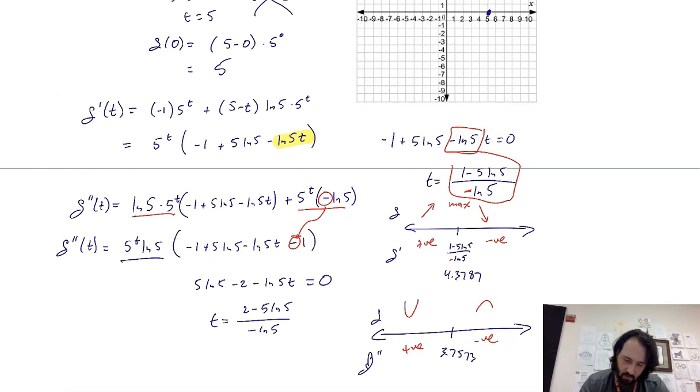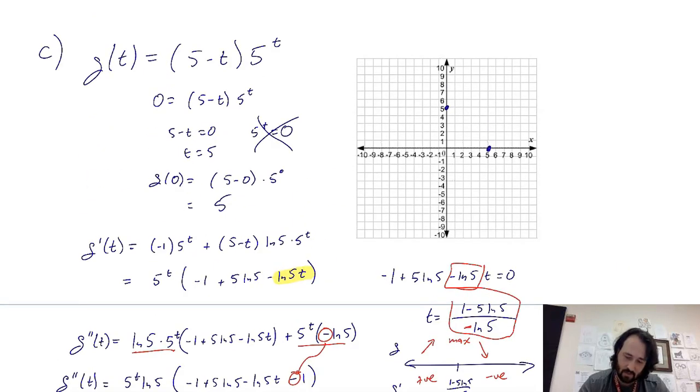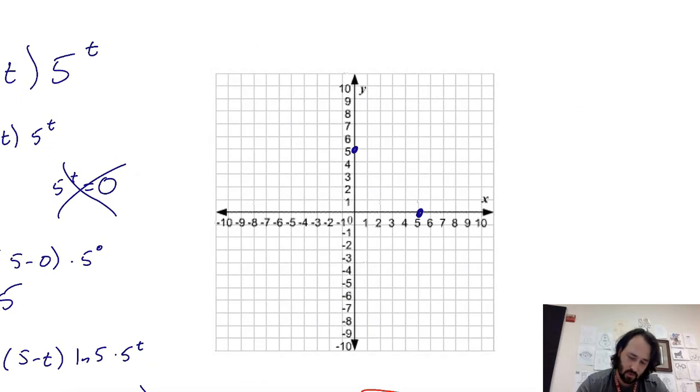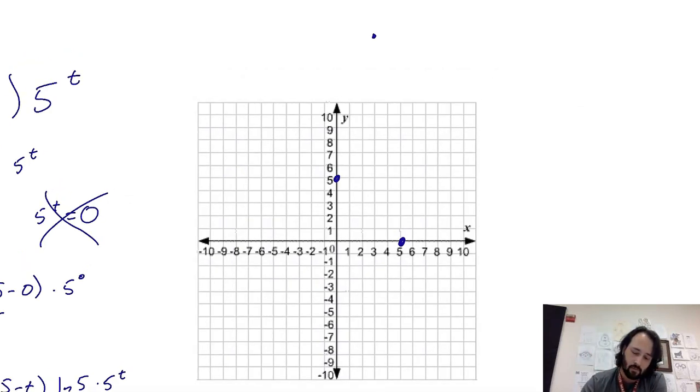So I'm changing concavity right before I get to my max, and my max is actually enormously huge. It's way the heck up there. It's like 714.